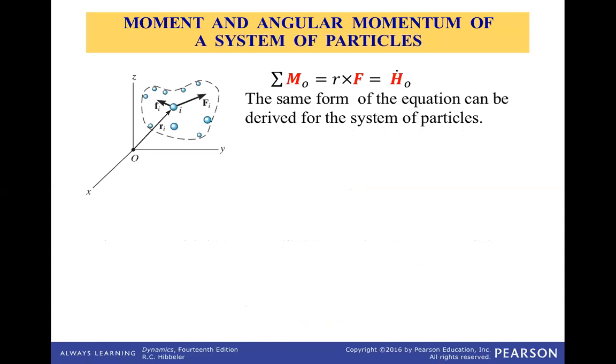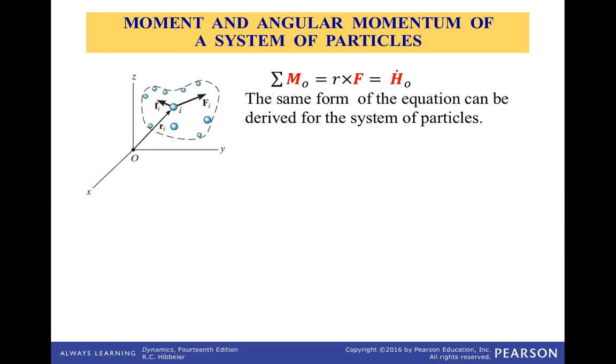If we sum up all the moments of the forces, that will give you the rate of change of the angular momentum, just like what we had for the linear momentum. The summation of all the forces is equal to the time derivative of the linear momentum.